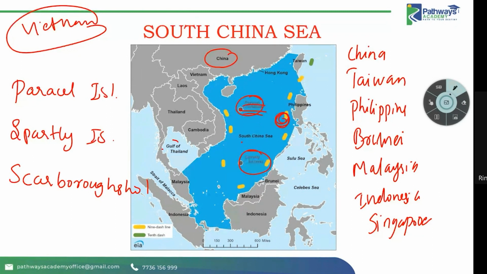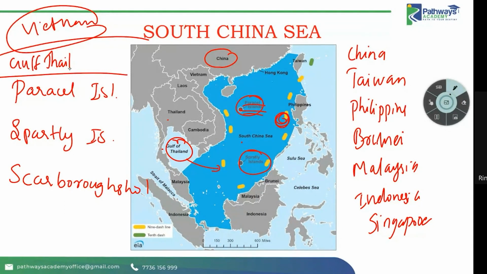But we usually say that Thailand and Cambodia open to the Gulf of Thailand. Actually, the Gulf of Thailand is the part of the South China Sea. Okay, so please note it down. The Gulf of Thailand is the part of the South China Sea into which Thailand and Cambodia open.